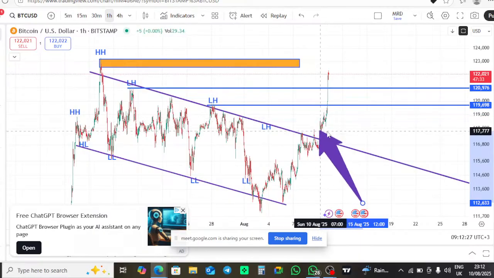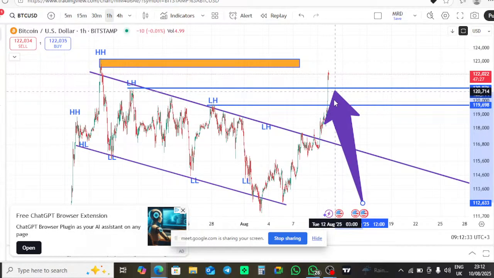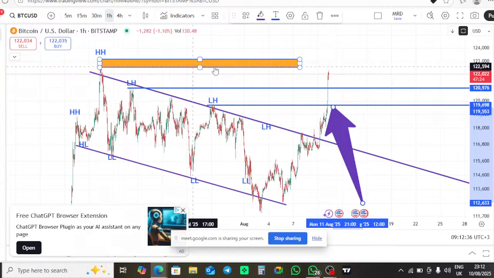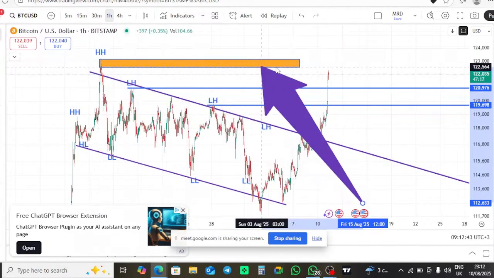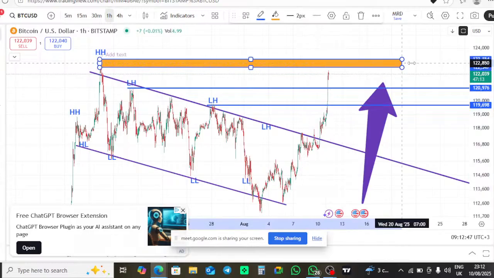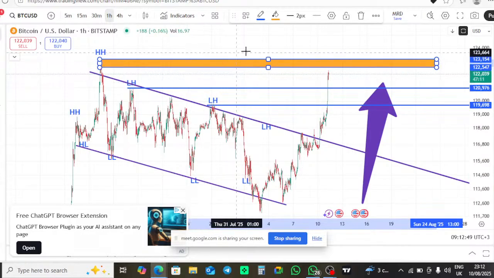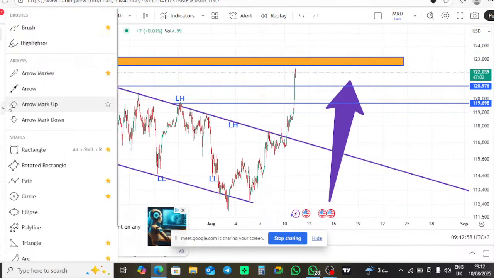After breakout, what you are targeting are these two lines. Then at the top, we have what we call the supply level. You can see that this is the supply level at the top, and it's where the market is going out together. So that could be the last take profit. Not so? It could be the last take profit after looking at this.